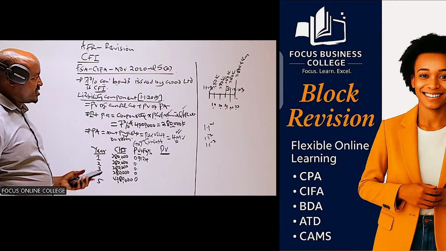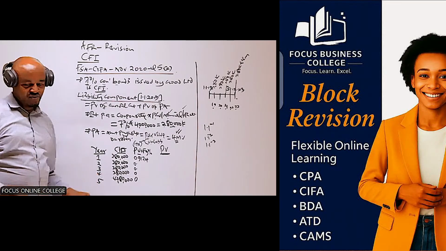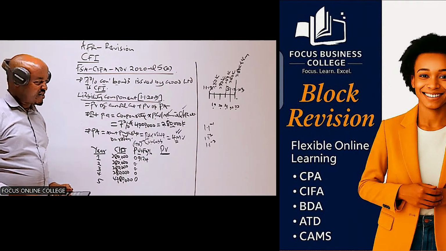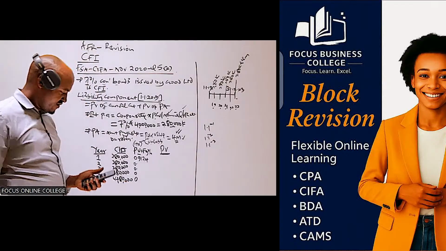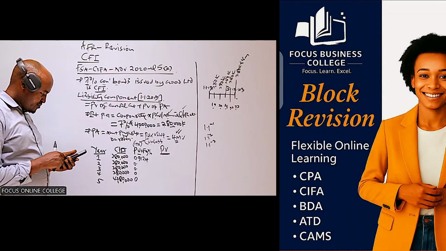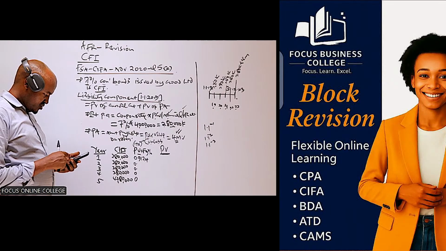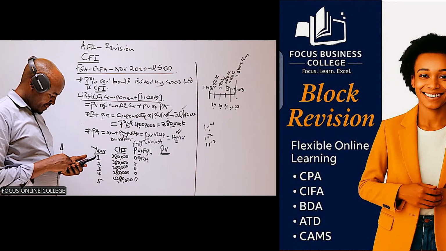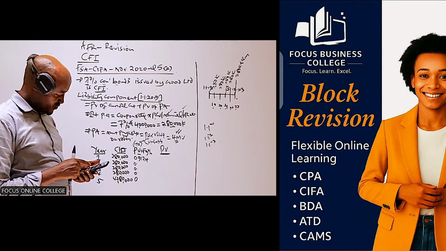Remember I said that there are different approaches of discounting this. If you feel that this one is quite wrong, let's first finish this one, and then I will show you another approach.